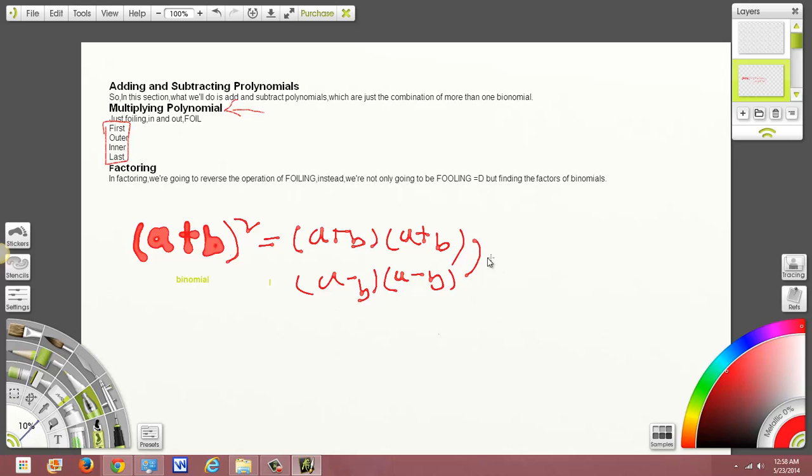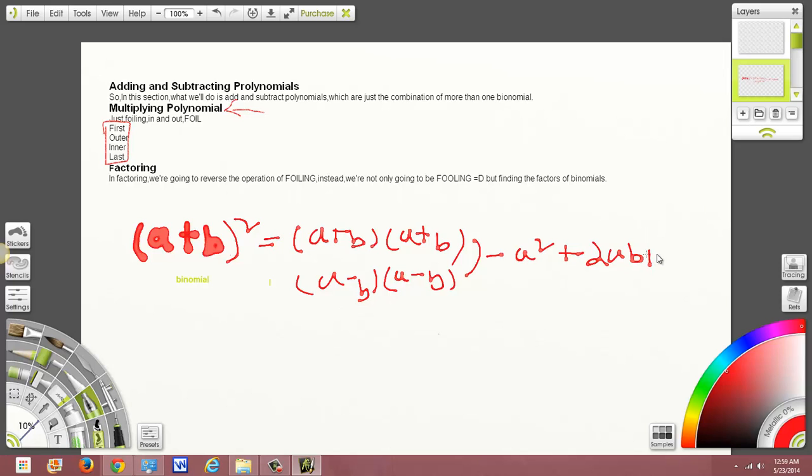So what does this result in? This results in a squared, a times a, plus 2ab. So a plus a is 2a, and b plus b is 2b, so just to simplify that, we're going to write 2ab.